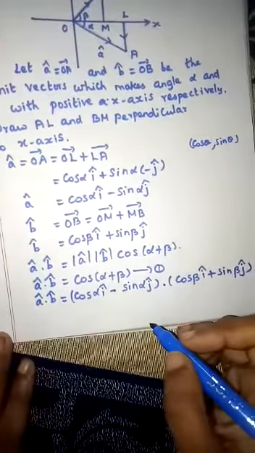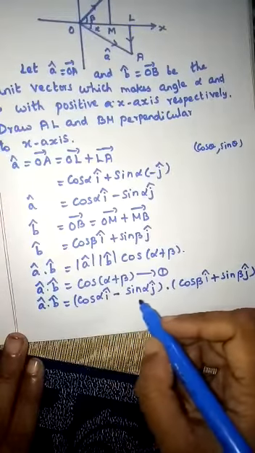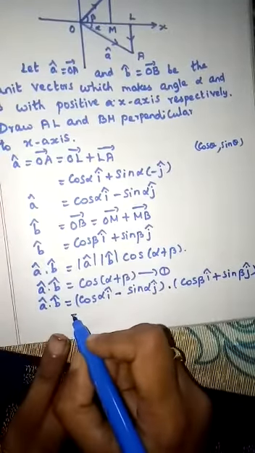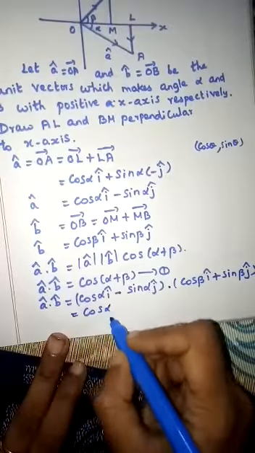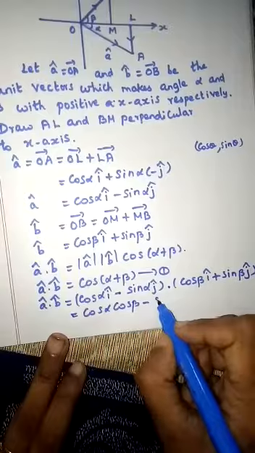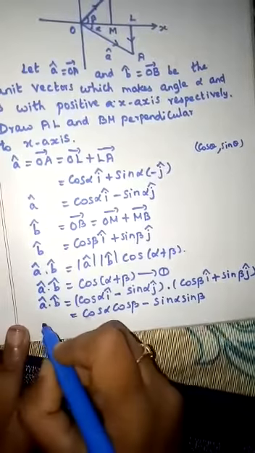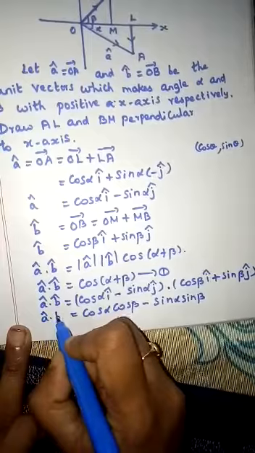You know how to find the dot product, isn't it? Multiply the coefficients. First I am multiplying the coefficients of I cap. It is equal to cos alpha cos beta. Then here we have minus sin alpha sin beta.